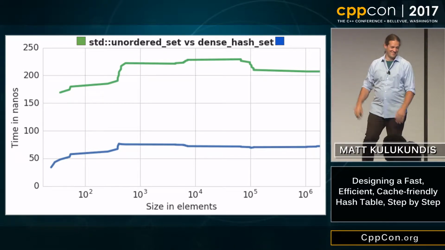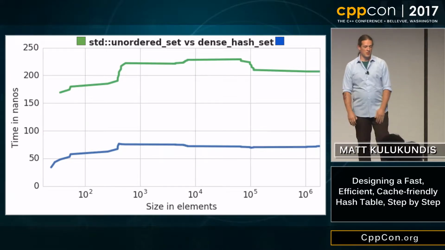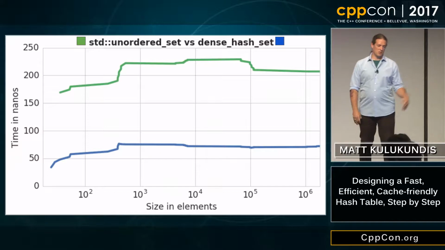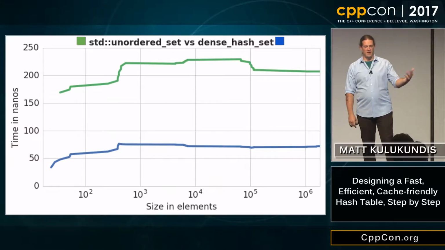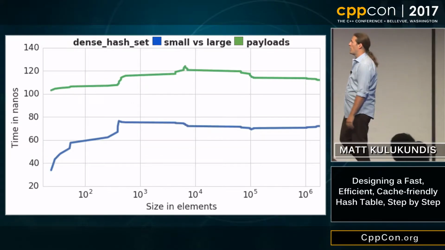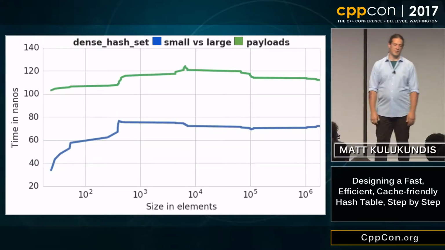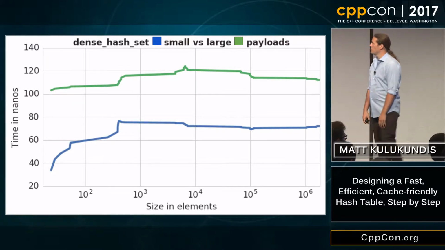Somebody got the joke. It only has a couple small problems. It's a little bit old and crufty, so you're going to need to update it to the more modern APIs. It has to have those sentinels in it, and its performance degrades with the size of its keys. This is 4-byte keys versus 64-byte keys.